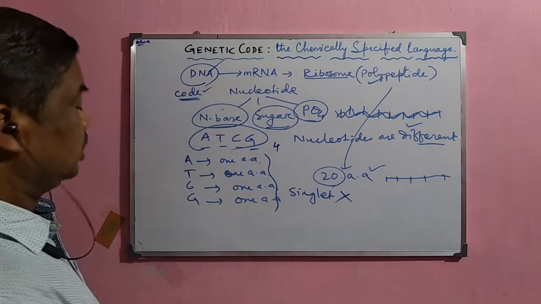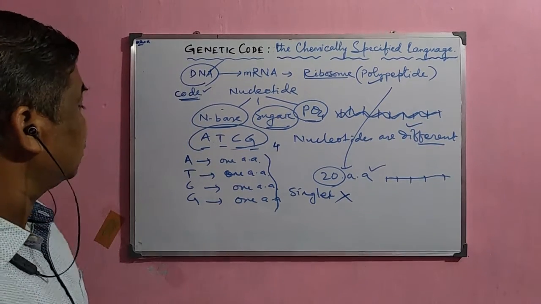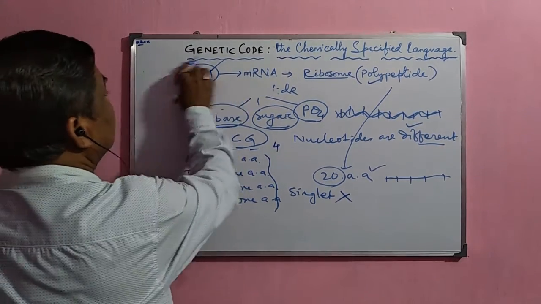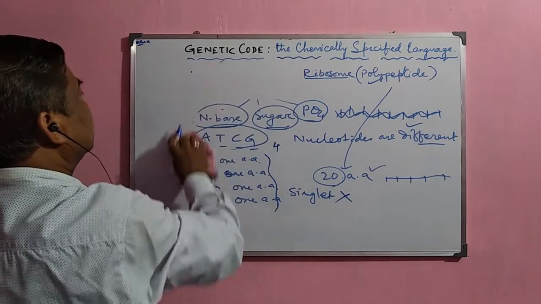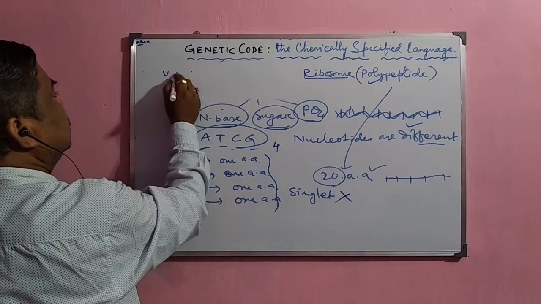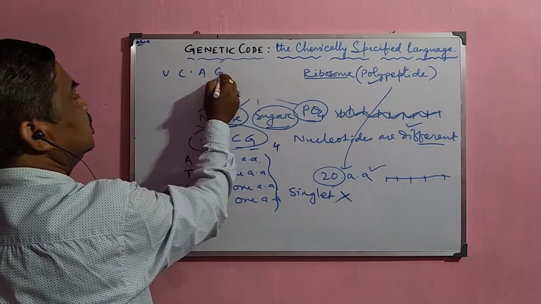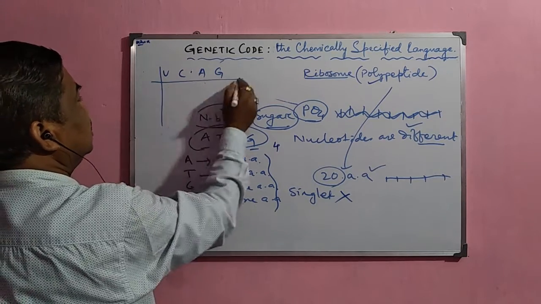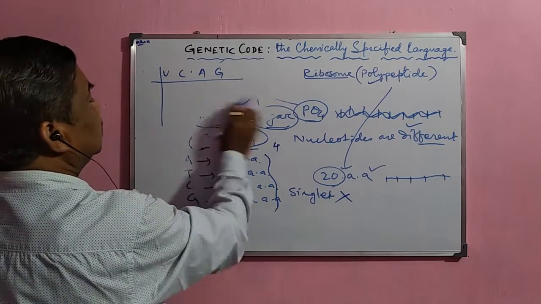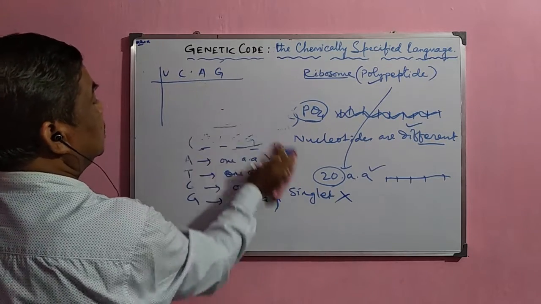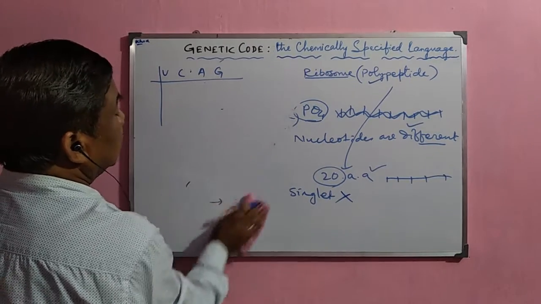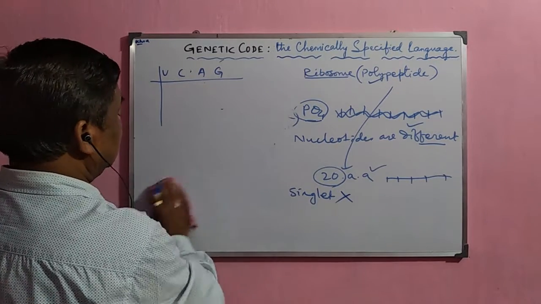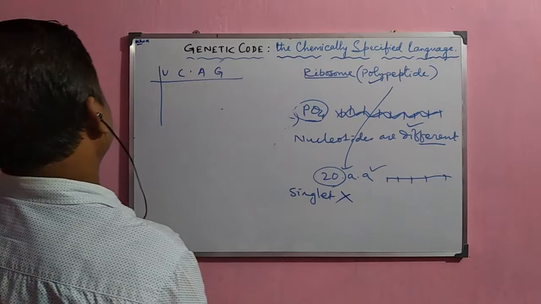Now, if it is taken as a doublet code, then how many amino acids can be coded by this code? Suppose these are U, C, A, G. These are 4, and here another U, C, A, G. If they form doublet codes, then how many codes can be formed?